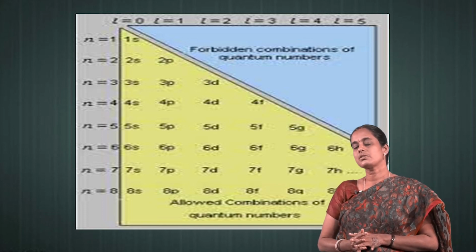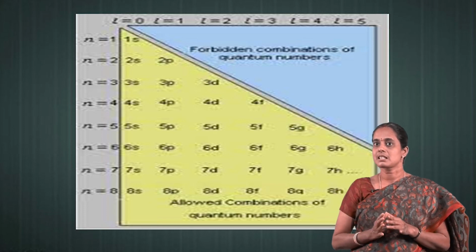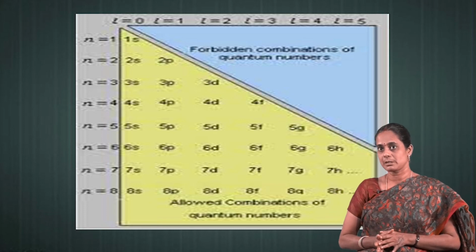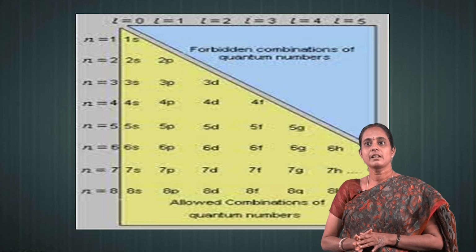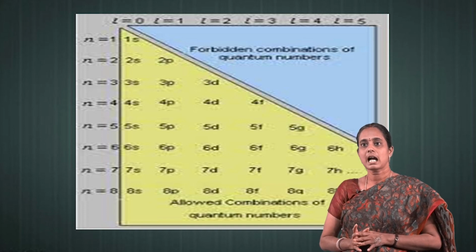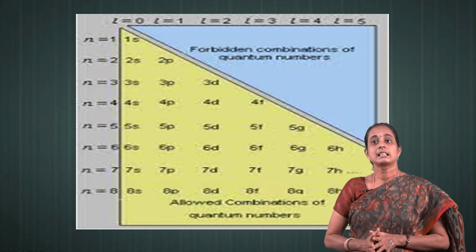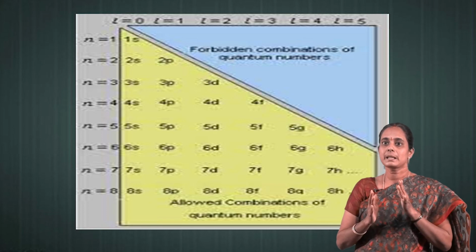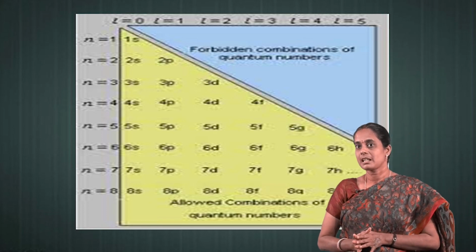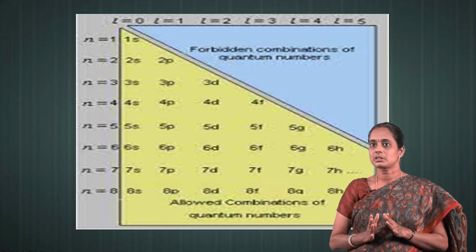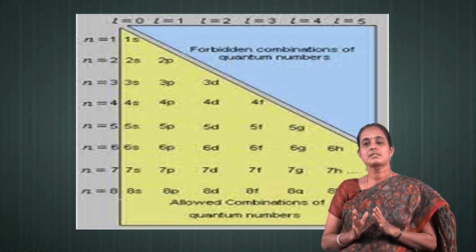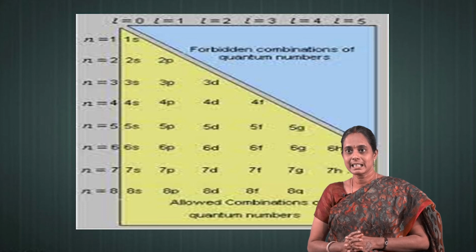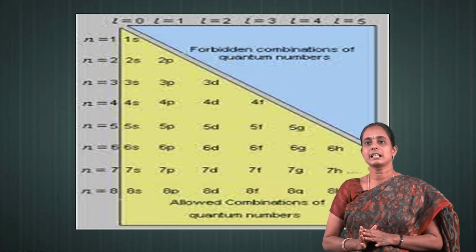When l is equal to 0, the resulting subshell is an s subshell. Similarly, when l is equal to 1 and l is equal to 2, the resulting subshells are p and d subshells. Therefore, for n equal to 3, the three possible subshells are 3s, 3p and 3d.